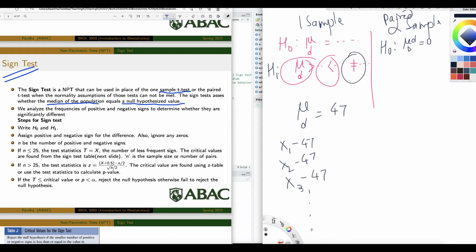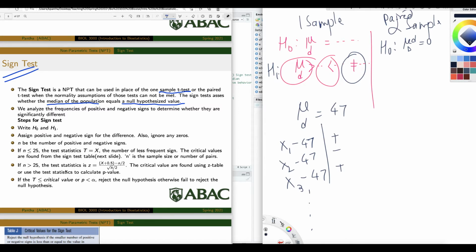Then you check the sign: is this positive, is this negative, and so on. If it is positive, write positive; if it's negative, write negative. And you count how many are positive and how many are negative.